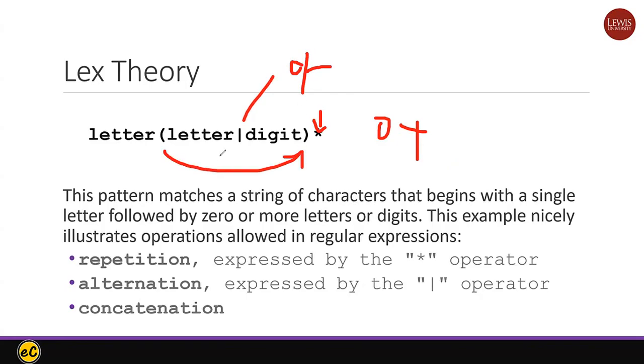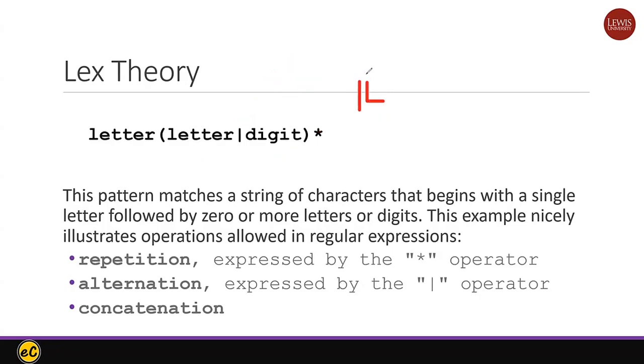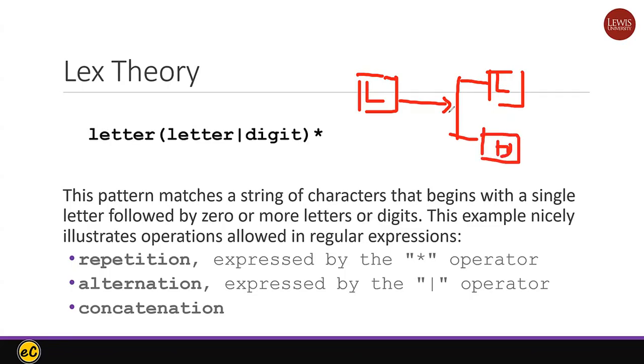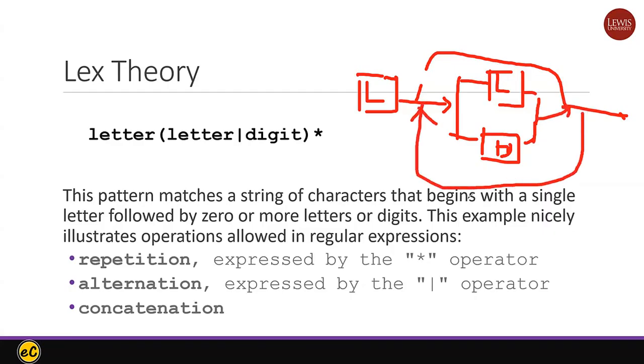This one is a grouping symbol. Okay, so basically this whole thing means that you have a letter followed by a letter or a digit. Okay, and this one goes this way. These two go this way, and this can recurse. Okay, so that's your syntax diagram for it.